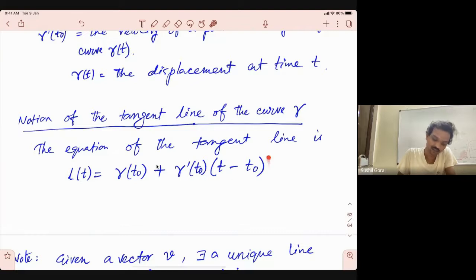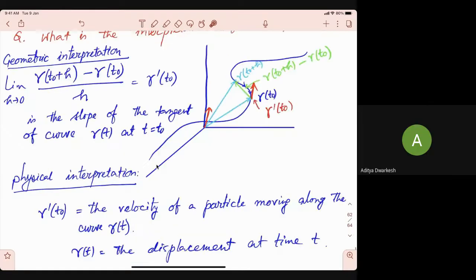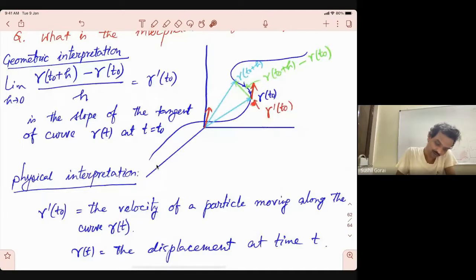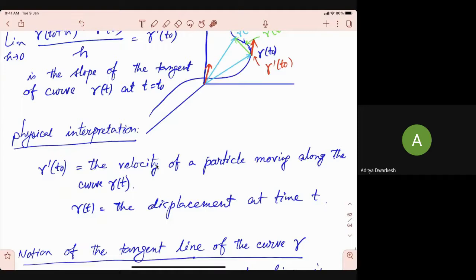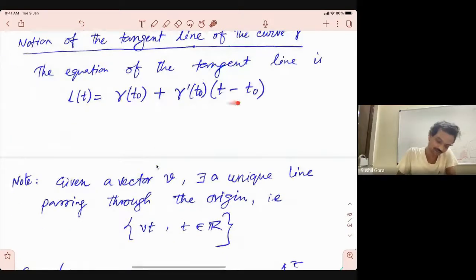So this part is actually shifting t naught to the origin, and then back to gamma t naught. Right. So you shift t naught to the origin and do whatever you want to do, and then shift it back to gamma t naught. Okay, got it. That's how we got this.